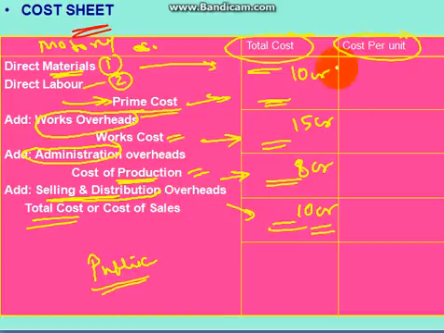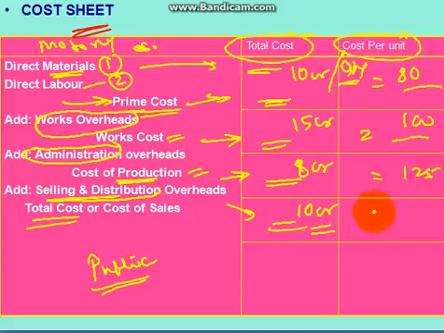Cost per unit is calculated by dividing by the quantity of production that took place. By dividing by the quantity, you will get the value of one product. So you'll get how much direct material value came, say 80. After calculating, you will get different values in singular units, and you will be able to find out how much the product is taking.